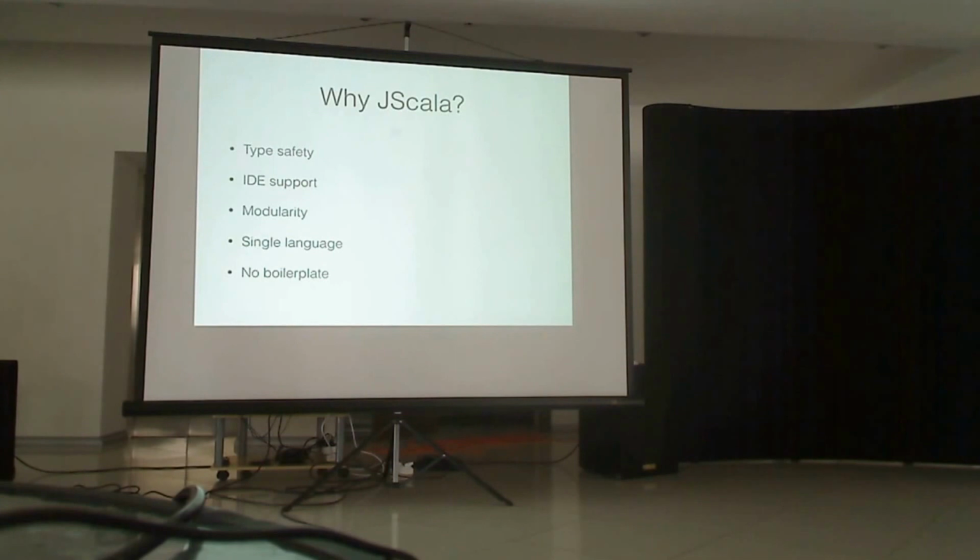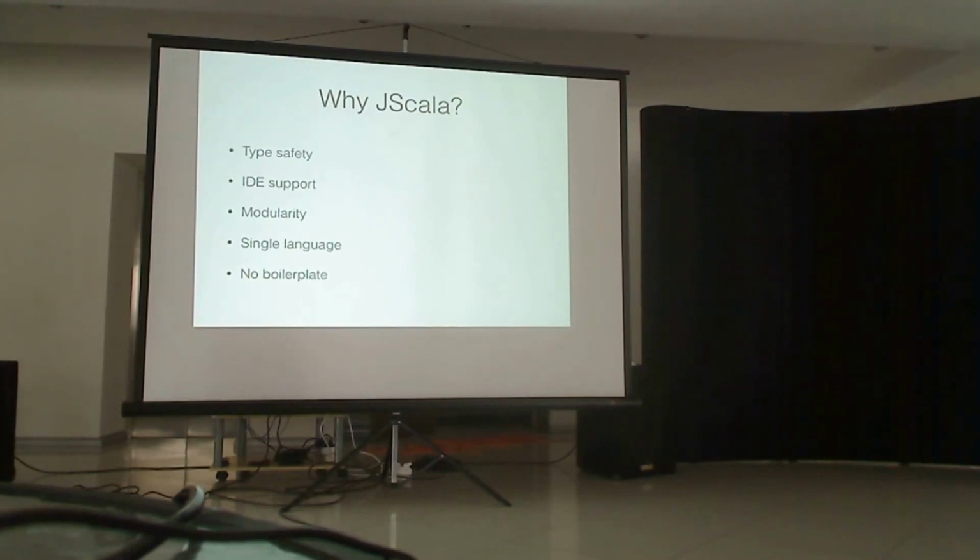You have to have decent navigation and refactoring possibilities in large projects, otherwise you're screwed. So it's IDE support. Modularity: you can use classes and traits to modularize the code.